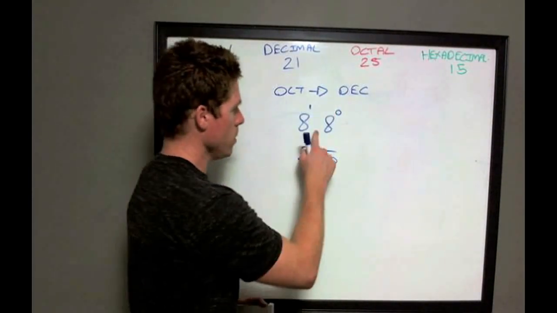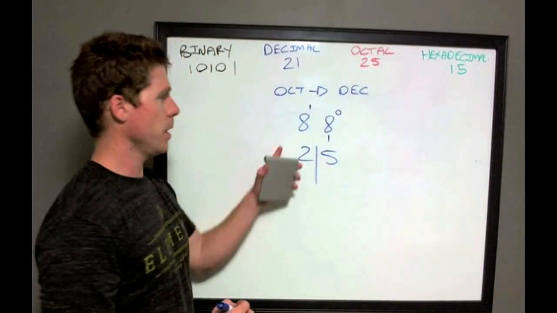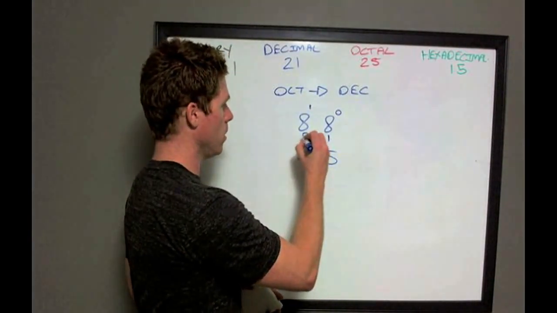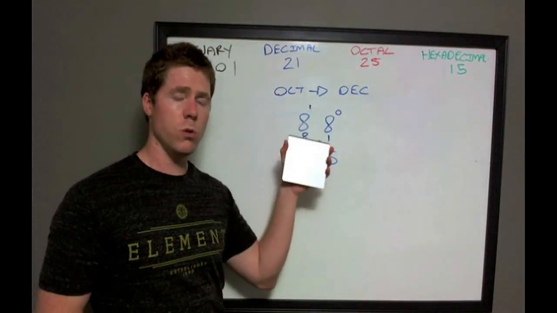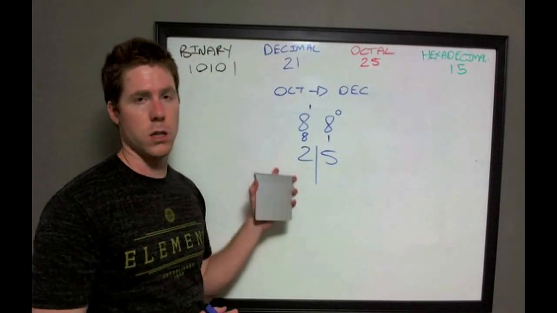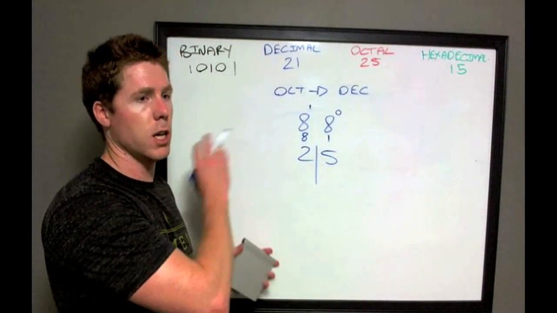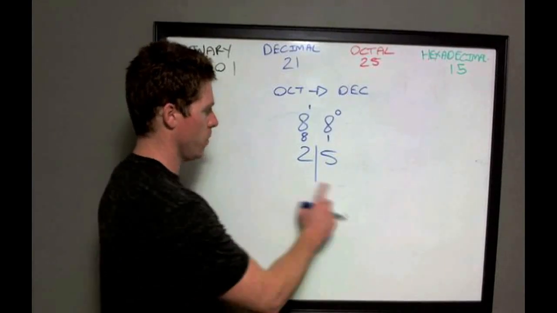8 to the power of 0 just gives us 1. 8 to the power of 1 gives us 8. The next one, 8 to the power of 2, which would be 8 times 8, gives us 64. Then it goes to 512, and it just keeps going up by a factor of 8.